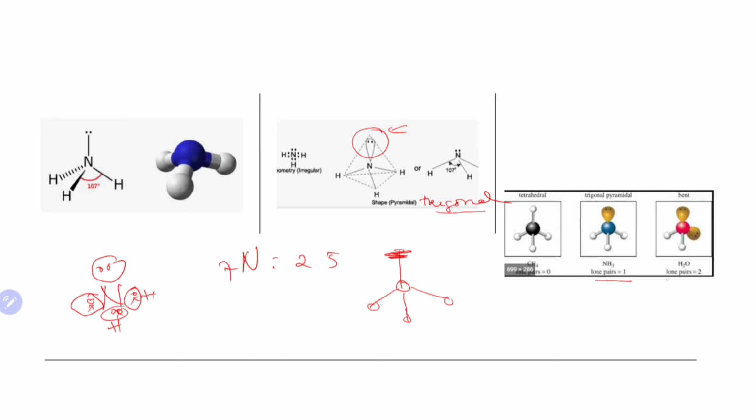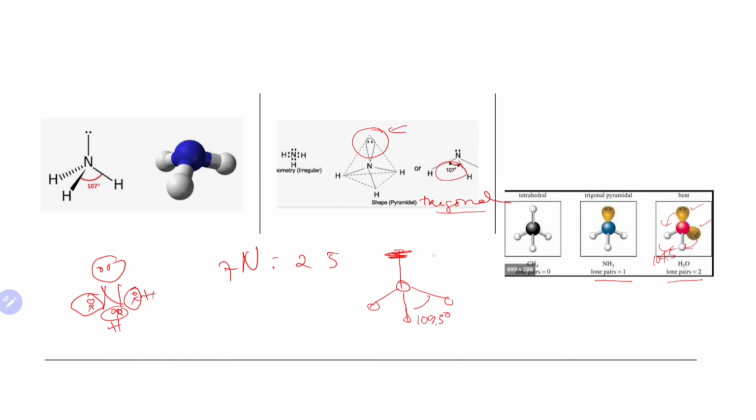So NH3 has 1 lone pair and 3 bond pairs. For H2O, the lone pairs are 2. The bond angle for NH3 is 107 degrees, but for water only 104.5. Why? Because there are 2 lone pairs that suppress the bond pairs, and the lone pairs repel each other stronger than the bond pairs. So from tetrahedral, it is 109.5 degrees.